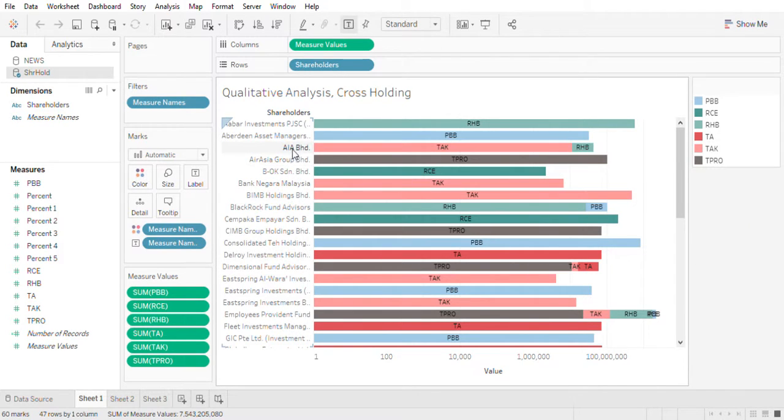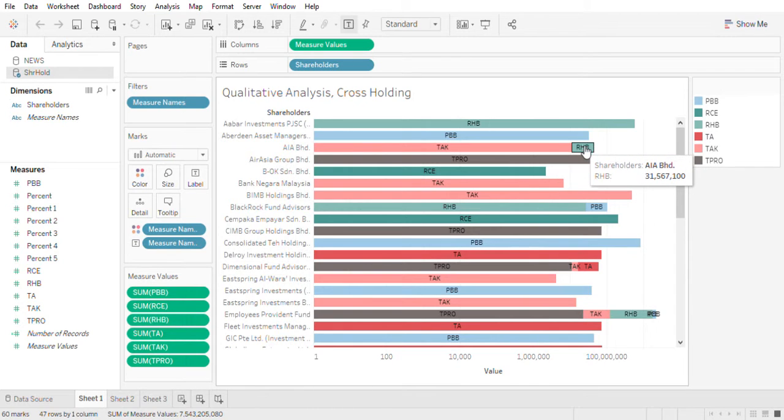And when it comes to AIA Berhad, which is an insurance company, it holds stock in Takaful, and it also holds stock in RHB Bank. So it holds 11 million shares in Takaful and slightly over 31 million in RHB, which is interesting: an insurance company holding a stock in an insurance company and a bank.